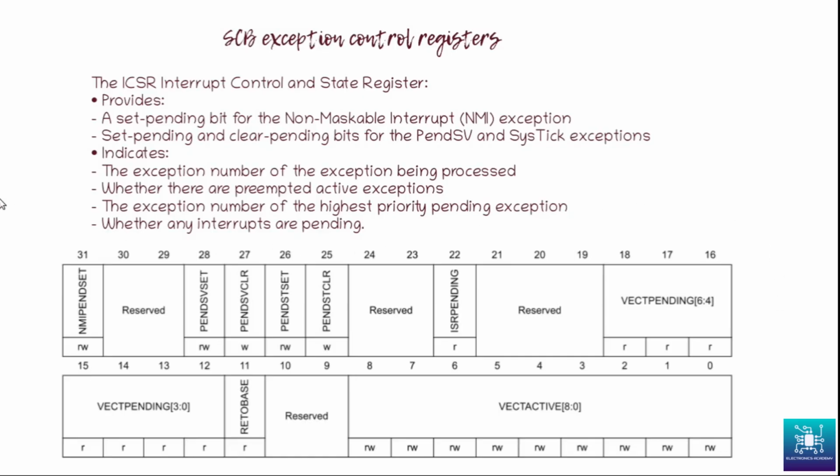But when we have a look at the NVIC registers, we will see that those registers are separate. That is, setting the pending bit and clearing the pending bit are done in a separate set of registers, not the same register.